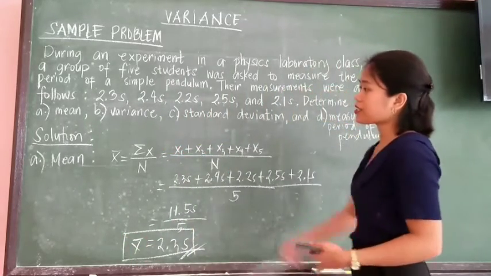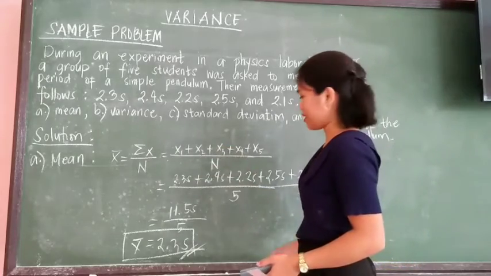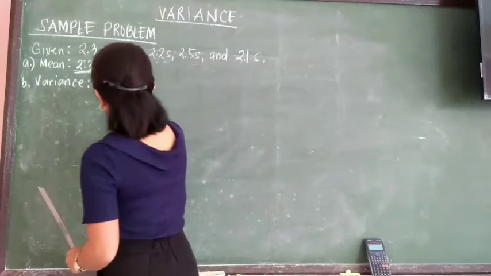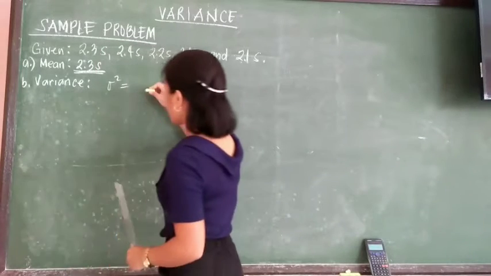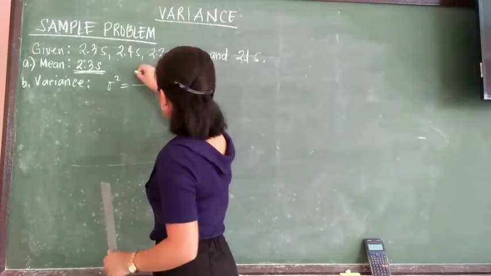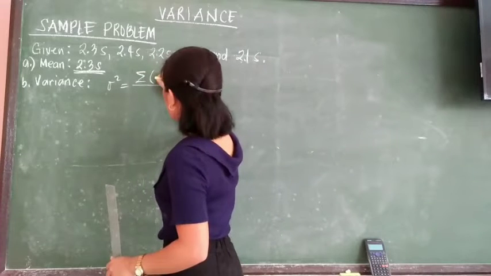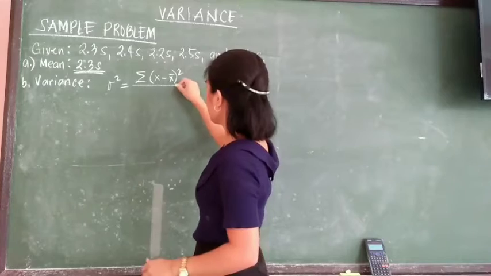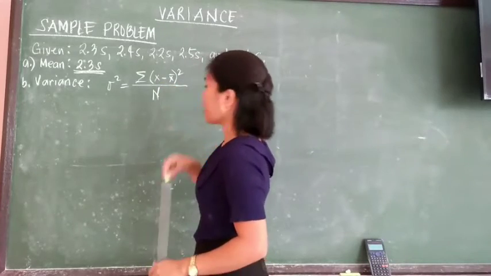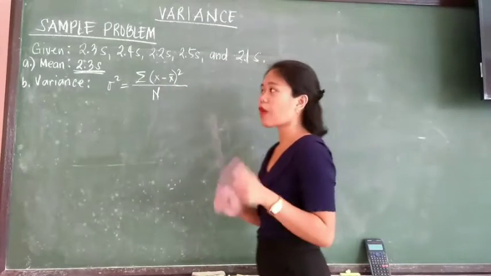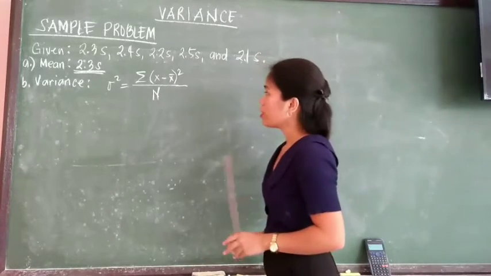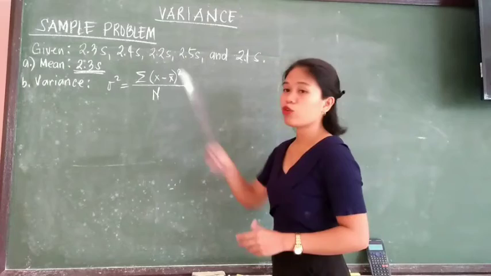Next is variance. The formula for variance is sigma squared equals summation of the square of x minus x bar all over n. Again, we can elaborate this formula by rewriting the numerator.